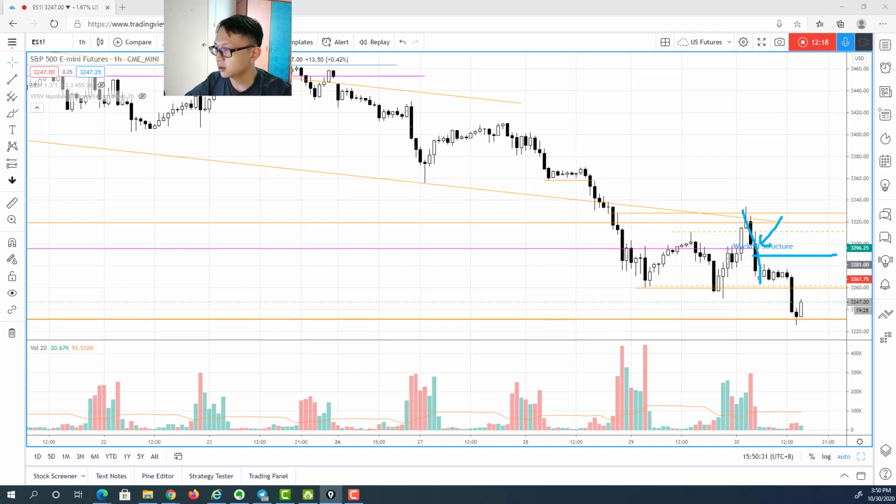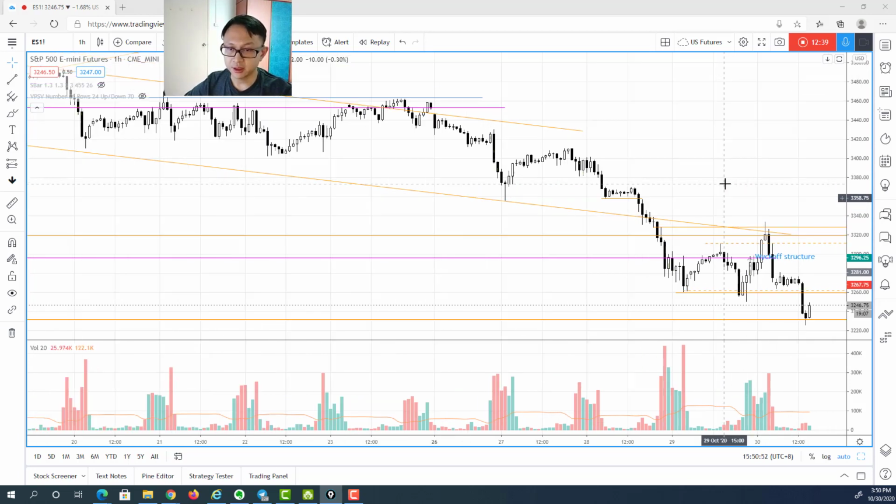You can see that all these bullish candles are very small, and eventually it's forming an apex formation and just has this sort of capitulation breakdown bar at about 1 p.m. in my time zone.